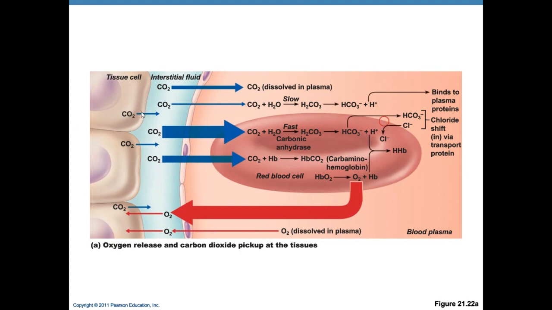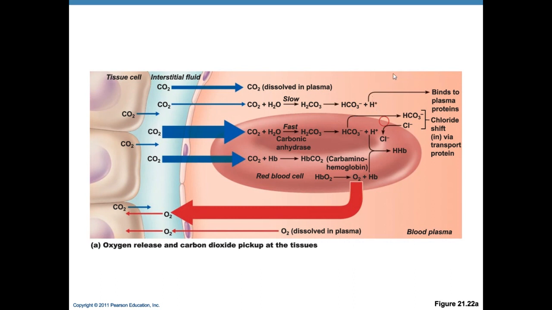So this is the hard one to kind of understand because CO2 can go in so many different pathways to get to the same result. So the CO2, a little bit of it's going to dissolve in the plasma. It's not very soluble here, but it's easy for it to get into here. So only a small amount of it's going to go into the plasma. CO2 can also go through what we call the slow reaction and form bicarbonate ions.